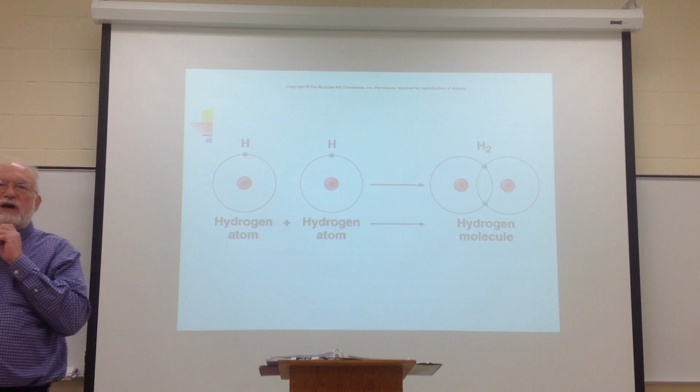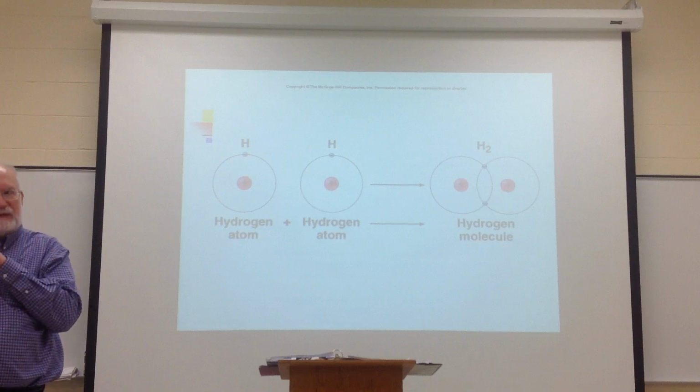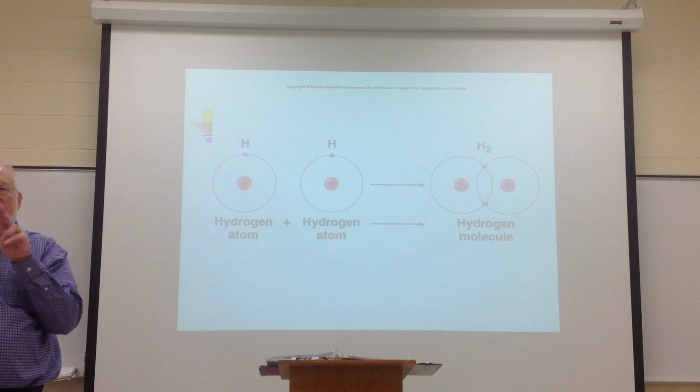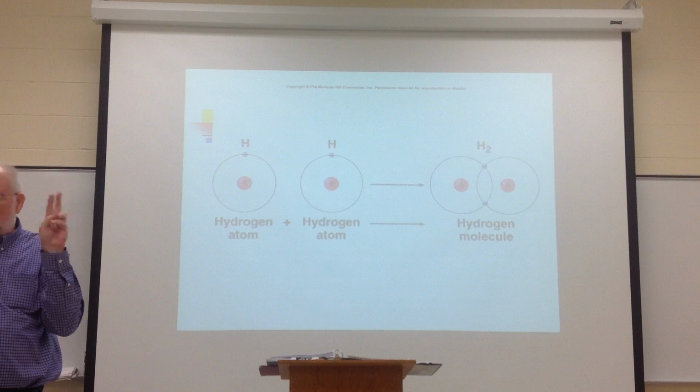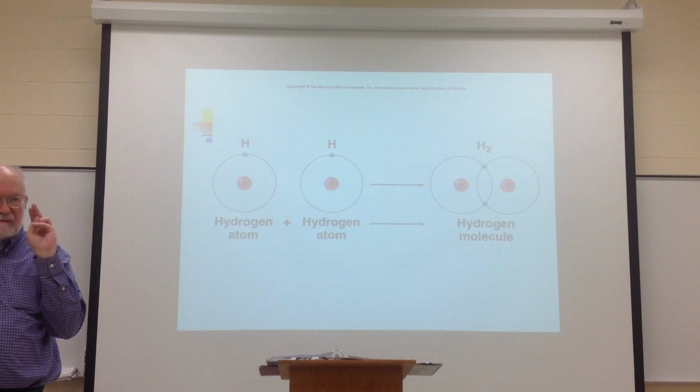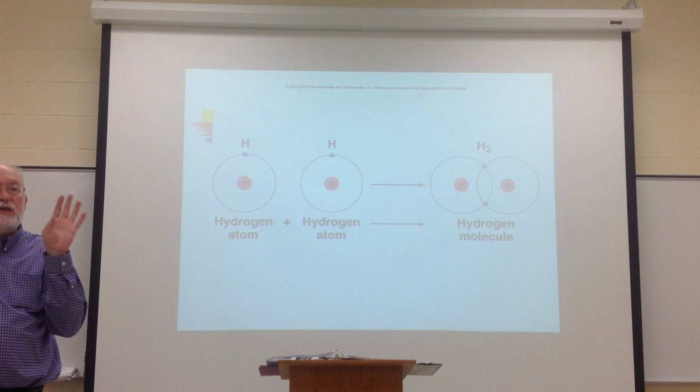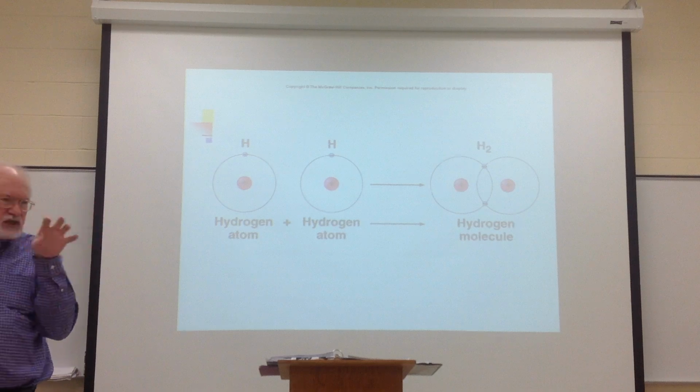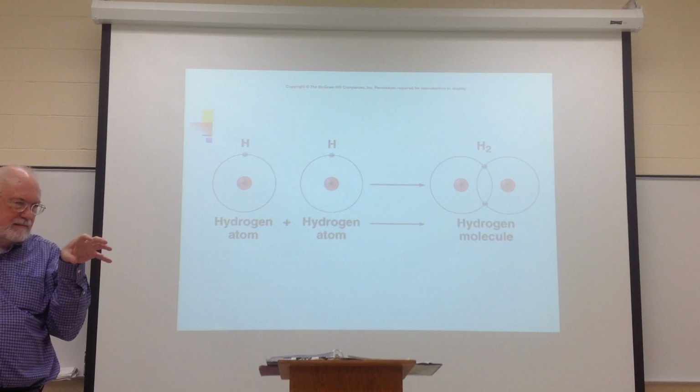Now, hydrogen is one of 7 elements that, when they're uncombined with anything else, form these 2-atom molecules. So, hydrogen gas, it's a gas. I don't think that's a shock to anybody, right? Remember the Hindenburg.